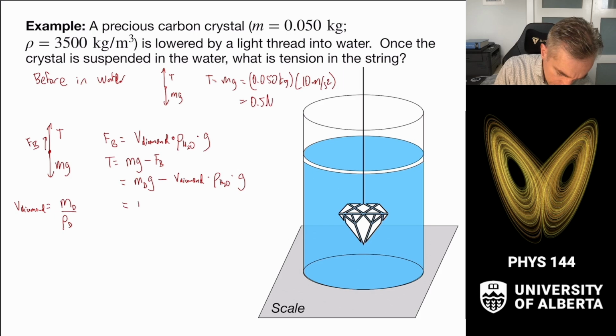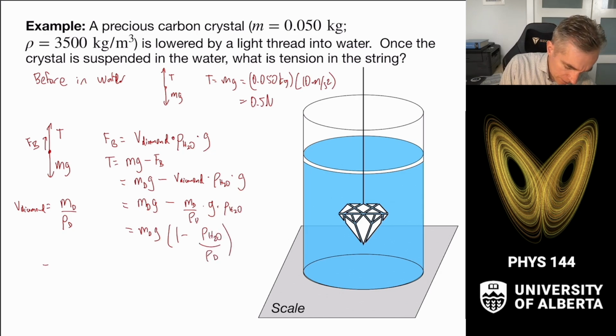So we get that this is equal to m_D g minus m_D over rho_D times g. Then we'll factor out an m_D g: 1 minus rho H2O over rho diamond. I forgot a rho H2O up here. And I can plug in my numbers.